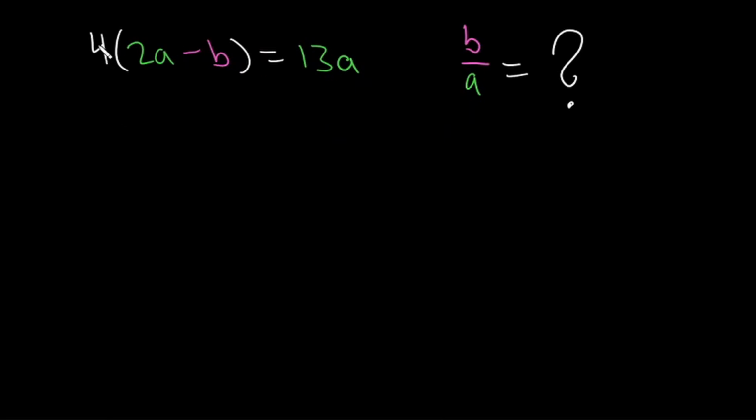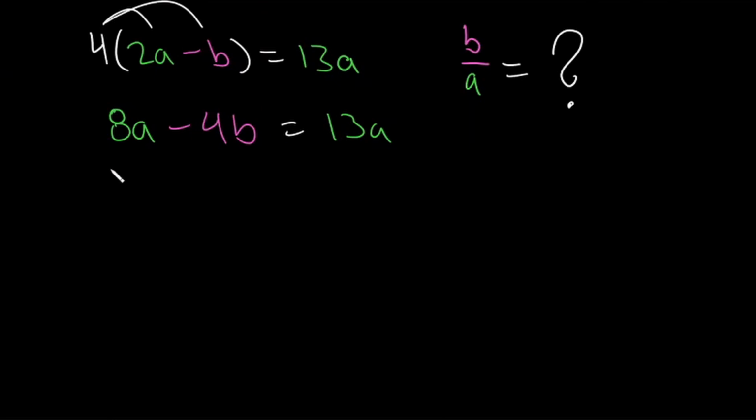The first obvious step here is to distribute. 4 times 2a is going to be 8a, and 4 times -b is going to be -4b, and that will be equal to 13a.